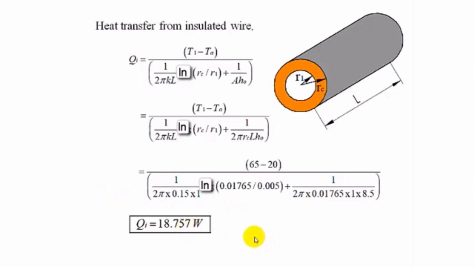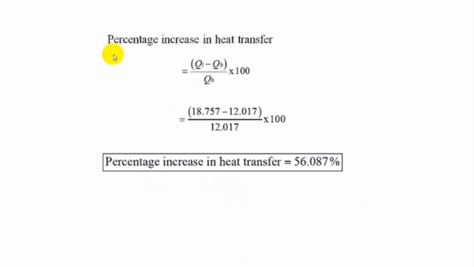So we got the heat flow from the bare wire and from the insulated wire. Now we calculate the percentage increase in heat transfer: Qi minus Qb divided by Qb into 100. Qi from the insulated wire is 18.757 and from the bare wire it is 12.017, divided by 12.017 into 100.